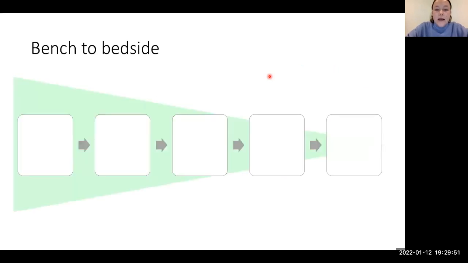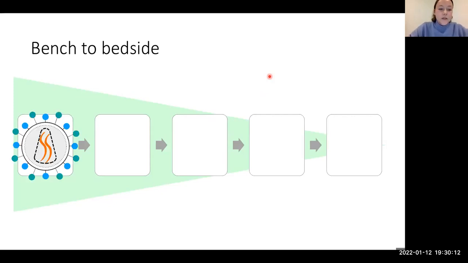I just want to clarify the steps that are required when you are producing something new like a gene therapy for TTP, because I think it's important to realize where we are in this long process that is required to generate a new therapy. It first starts with an idea. Can we apply gene therapy to TTP?